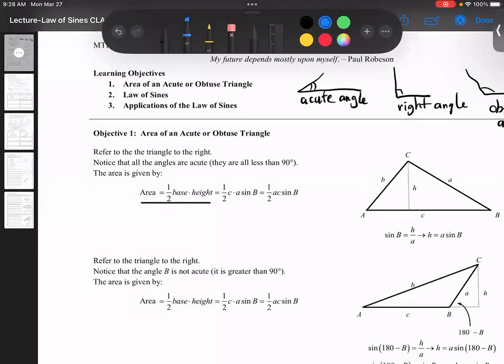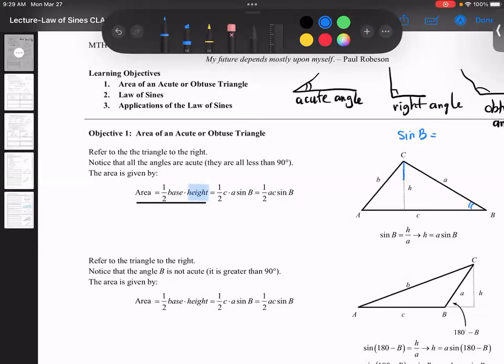What I'm going to do, because it's a trig class, is transform the height into some trigonometric function. As you can see, what is sine of B? If I take angle B, sine of B is equal to opposite divided by hypotenuse, right?